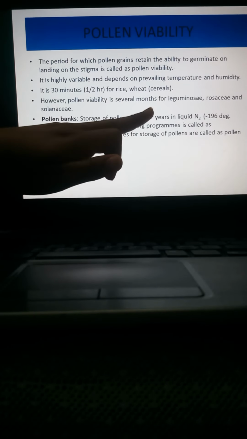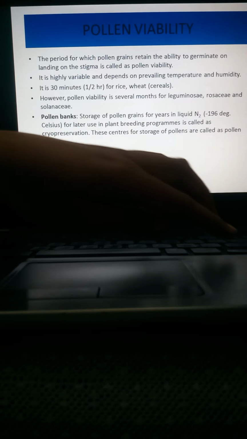But some pollen grains survive for several months in the environment, and then they reach the stigma and move through the style to the ovary, and they will be perfectly viable to fertilize the ovum. So pollen viability is several months for Leguminosae, Rosaceae and Solanaceae. Leguminosae is the family of pea, Rosaceae the rose family, and Solanaceae the family of potato.